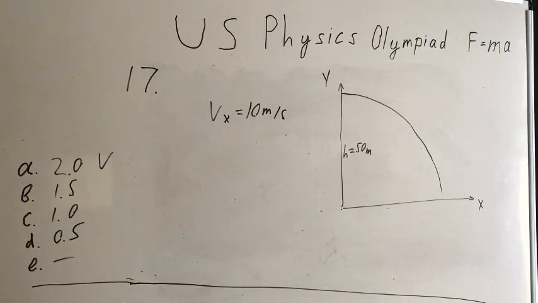Problem number 17. A small point-like object is thrown horizontally off a 50 meters high building with an initial speed of 10 meters per second. At any point along the trajectory there is an acceleration component tangential to the trajectory and an acceleration component perpendicular to the trajectory.